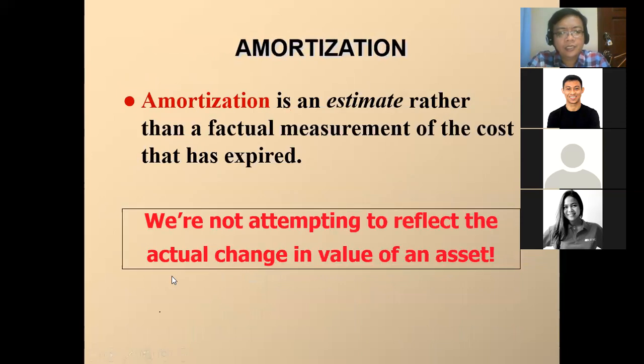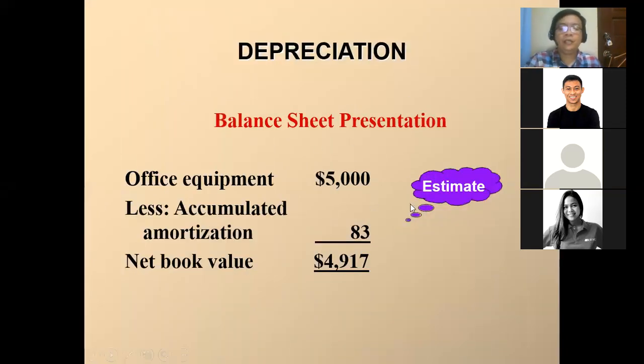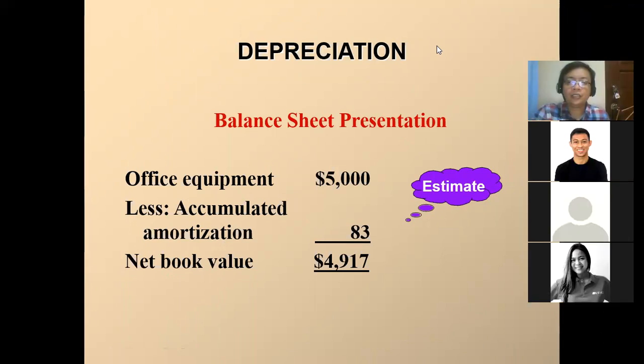I will discuss this amortization. This is what I told you. Where is the contra asset? Here it is. So what if your office equipment is $5,000 and then you compute for this? This is called the net book value. This is called the contra asset: the accumulated depreciation is the contra asset account.